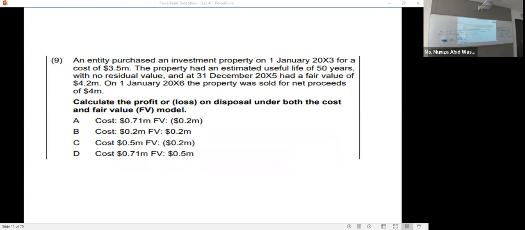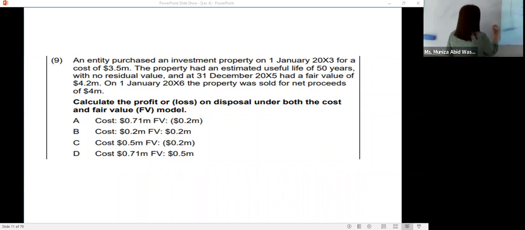Question number 9. Calculate the profit or loss on disposal under both the cost and fair value model. Students, whenever you have to recognize a gain, profit or loss on disposal, which two values do you take a difference for? Which values do you compare?